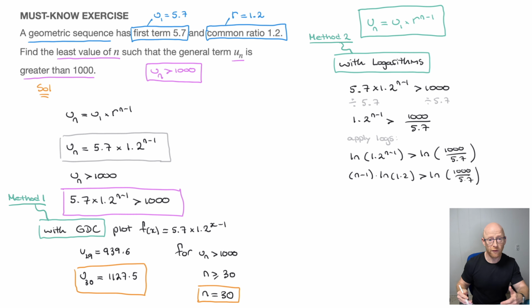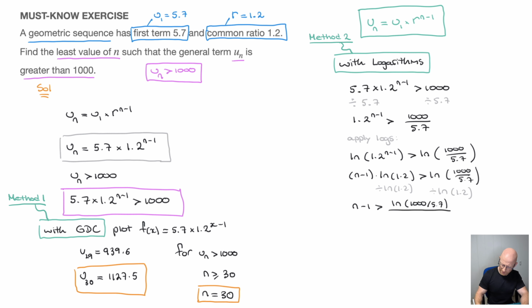Now remember, we need to figure out what n is, and so to do that, let's get rid of this ln of 1.2 on the left-hand side, which is multiplying this pair of parentheses. And so to do that, I divide the left-hand side by ln of 1.2, and I do the same on the right-hand side as well, ln of 1.2. We're nearly there. This becomes, on the left-hand side, n minus 1, which is greater than the right-hand side, which is now ln of 1,000 over 5.7, and all of that's divided by ln of 1.2.